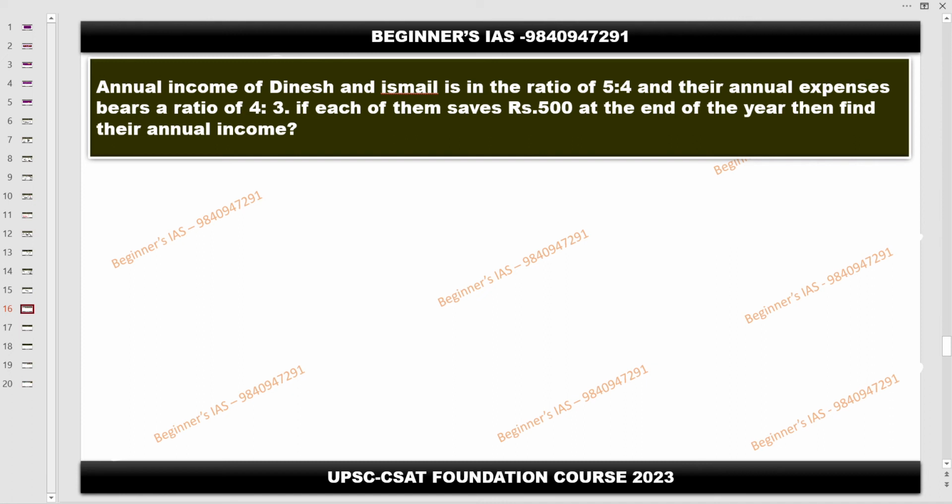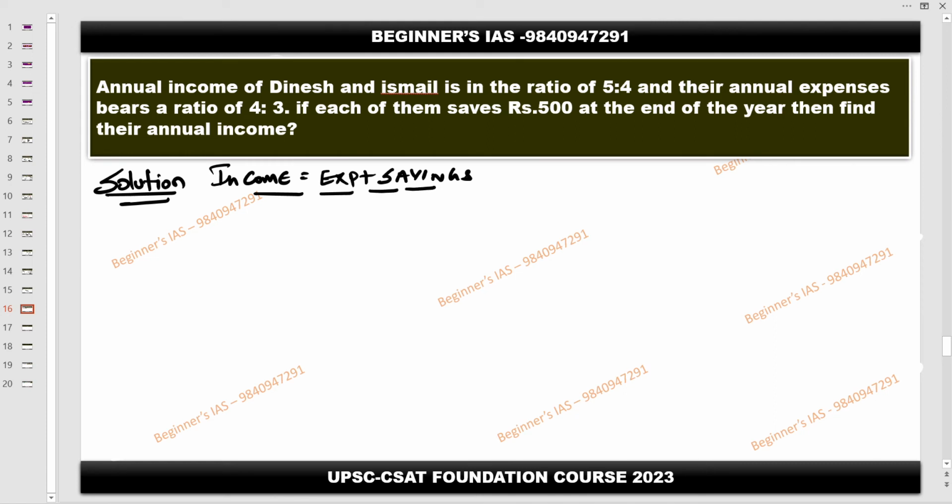You need to calculate with respect to Dinesh as well as Ismail. So what is the first thing you need to understand to solve this question? Income is equal to expenditure plus savings. This you need to understand first.